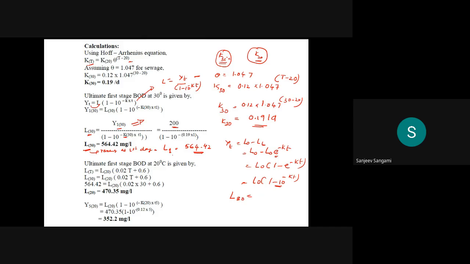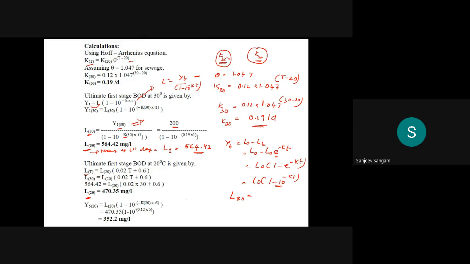So then you got Lt. Then with this Lt, L at 20 degrees centigrade can be calculated with the help of the other formula. This can be calculated with this formula, because we require L at 20.